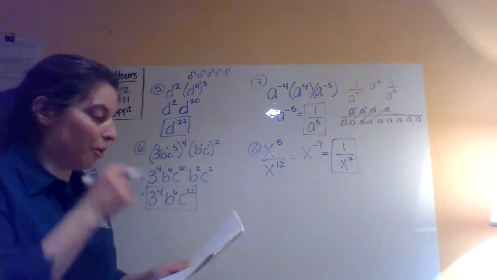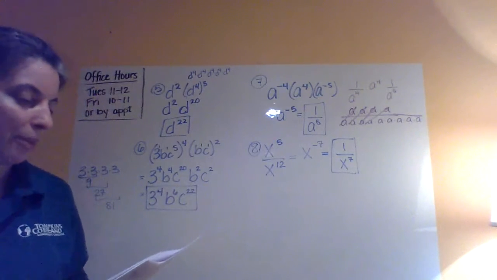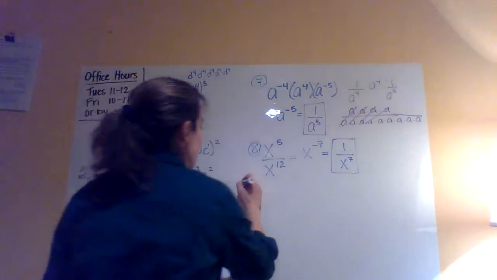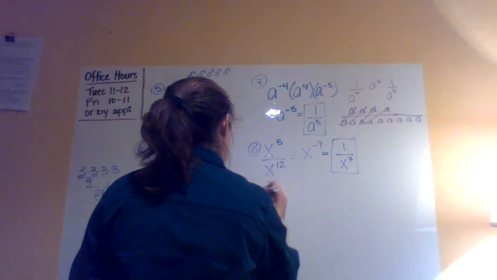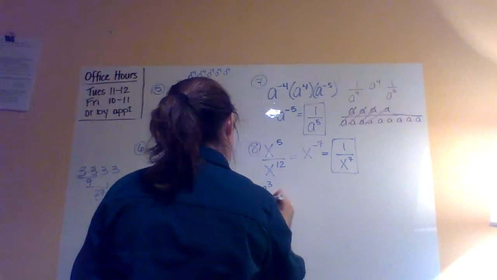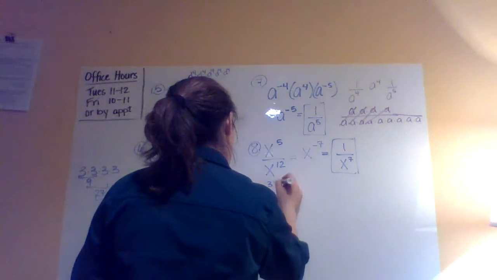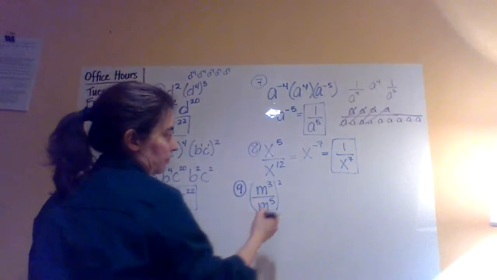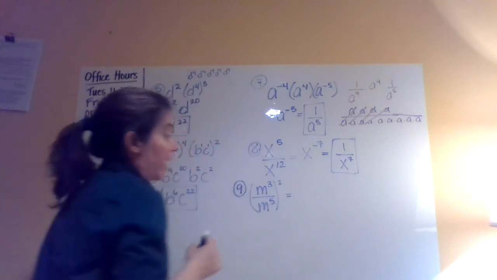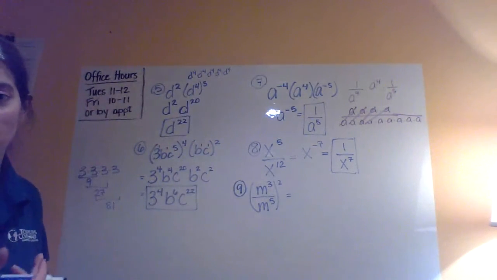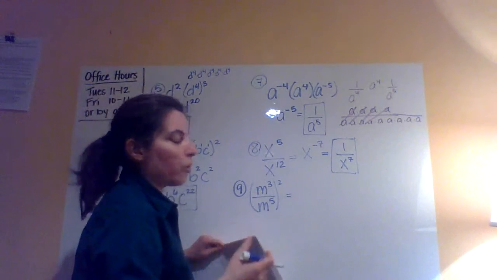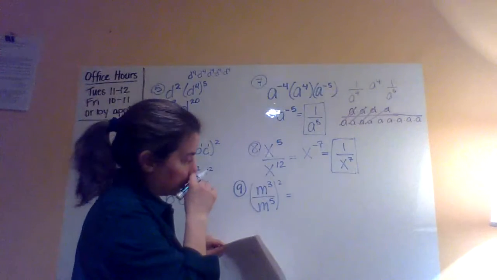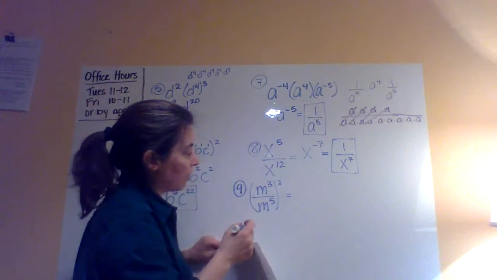Okay, let's flip over and look at the back here. So number 9 is going to be m to the third over m to the fifth, this whole thing squared. Okay, again, there are going to be 2 ways that you can do this. A lot of the time, there's more than one order you can do things in with these. So one thing I could do is think about the power rule.